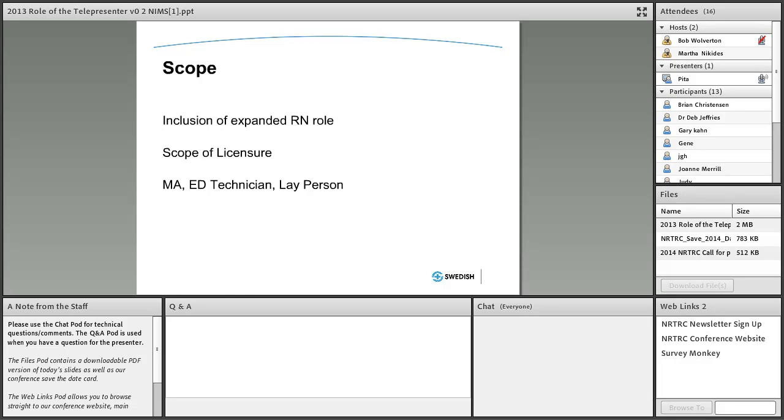My understanding is that a medical assistant has been trained, at least in Washington State, through the use of the stethoscope, so we can certainly have an MA be the telepresenter for a telecardiology consult where they're just using the stethoscope to check heart and lung sounds. An ED technician is trained to the stethoscope in Washington State.